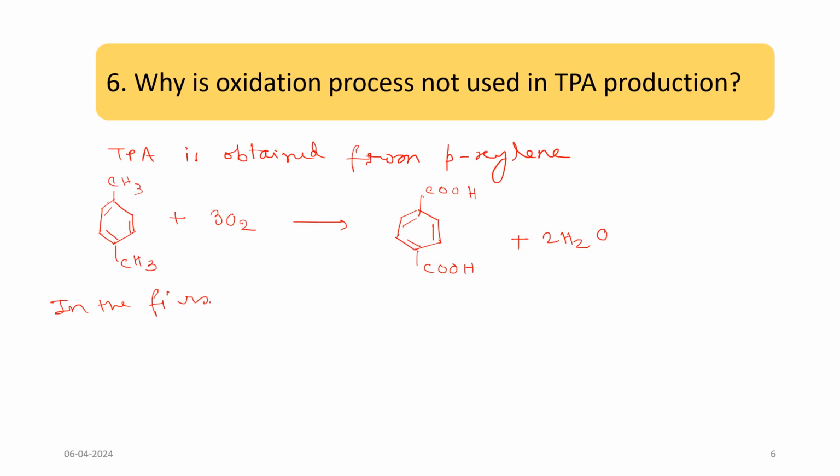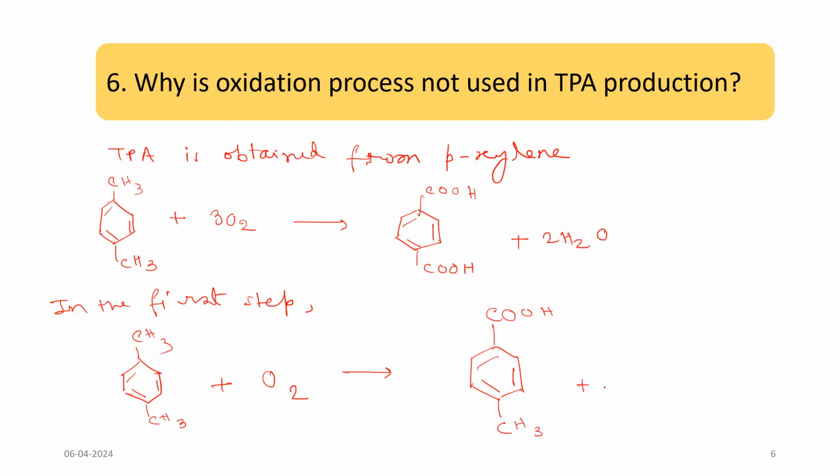In the first step, paraxylene reacts with oxygen, or 3 by 2 of oxygen, and produces p-toluic acid.